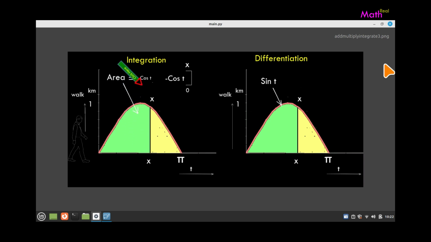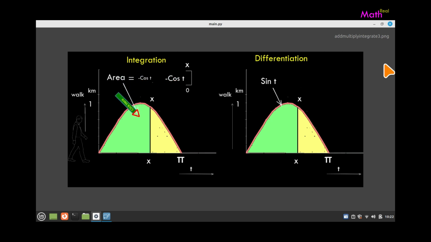So if the equation is sine t, then the area would be the integration of sine t, that is minus cos t, between x and 0. So this is the area that he walked.